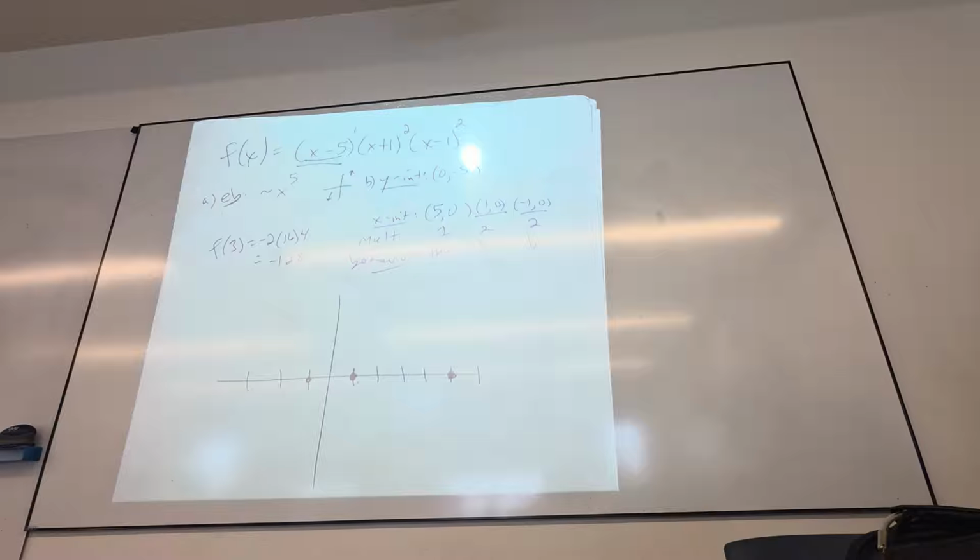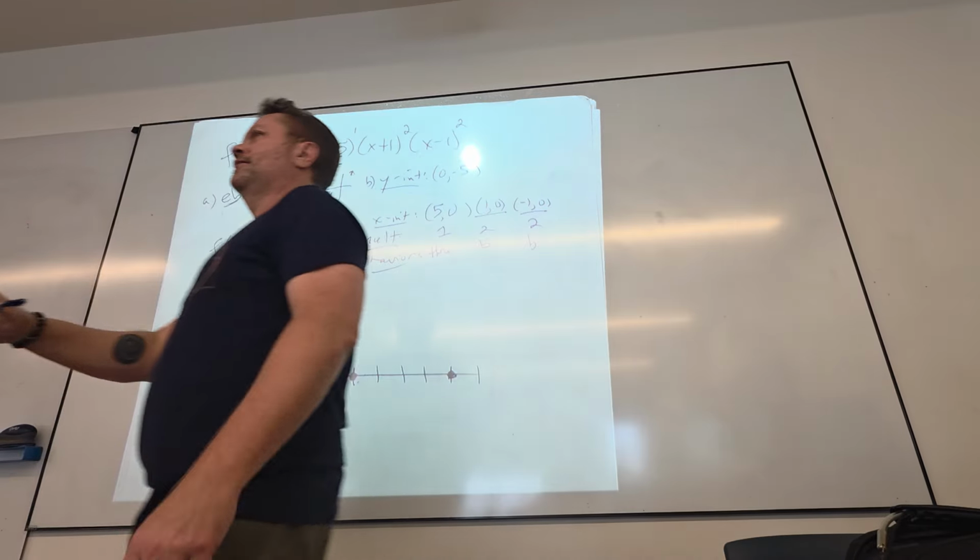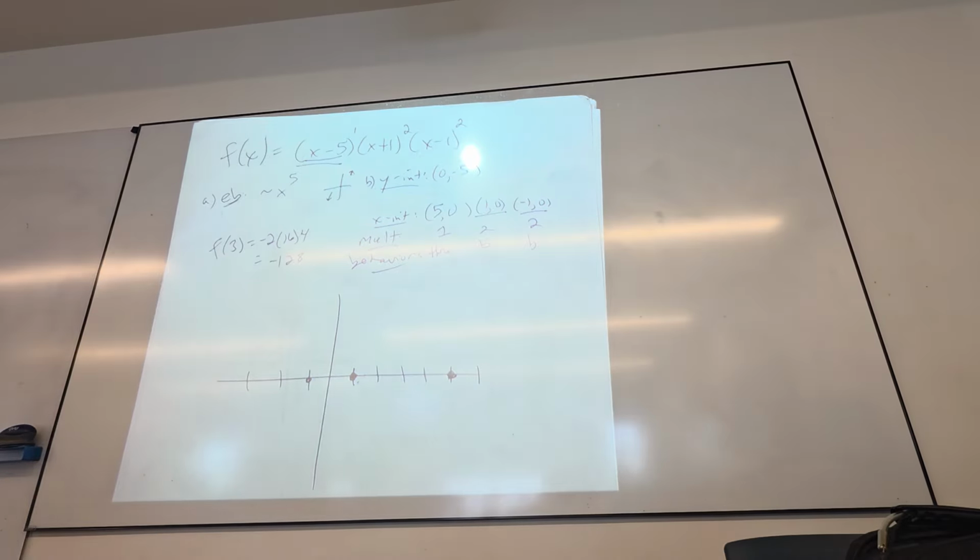So what kind of scale do you want to use on the y-axis? Somebody's going to say, I want to use 1, 1, 2, 3, 4, 5, 6. No. What's a good scale to get me down to 128? 60 might be a little too Fisher-Priceless. That'd be 2 steps and I'm there.